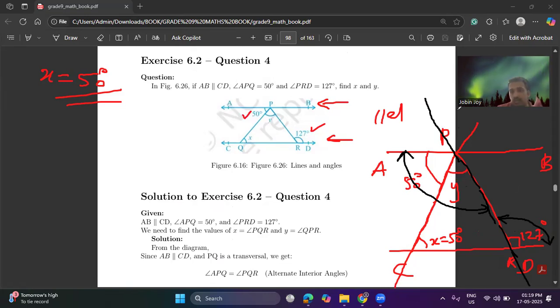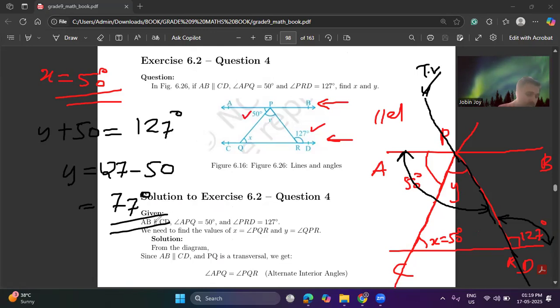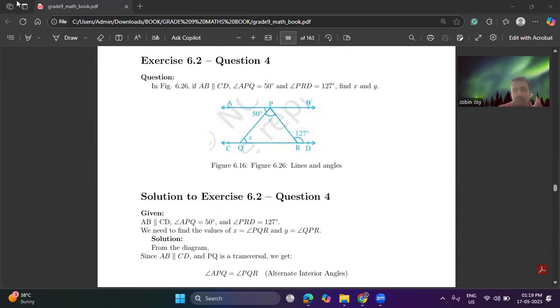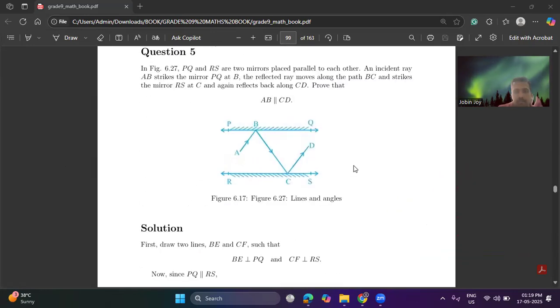This is the transversal. So Y plus 50 is equal to 127 degrees. So Y is equal to 127 minus 50. What is 127 minus 50? 77 degrees. So the value of Y is equal to 77 degrees. So X equals 50 and Y is equal to 77 degrees.